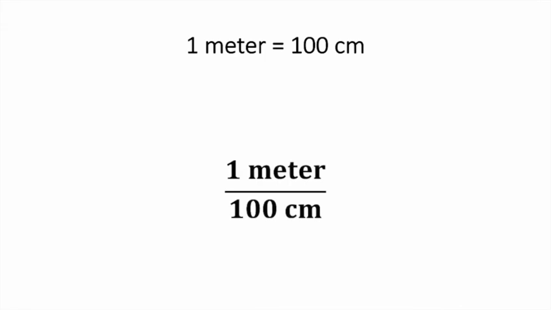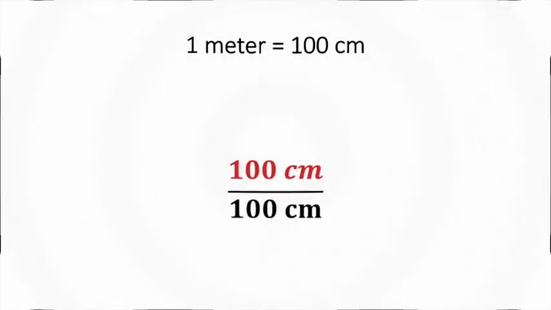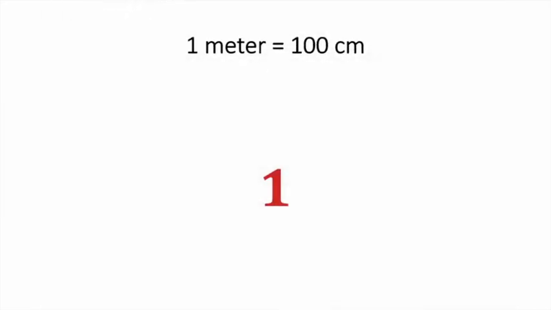Now, if you remember substitution from math class, because 100 centimeters is the same thing as a meter, we can switch out. We can put 100 centimeters on the top instead of a meter. We can just exchange them. And I hope you will notice that 100 centimeters over 100 centimeters can be simplified to 1.